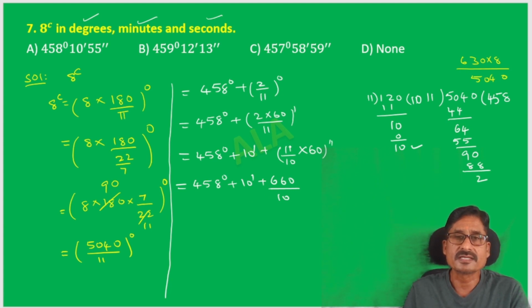Sorry, this is 10 by 11, 10 into 60, this is 600. 600 by 11. 600 divided with 11.